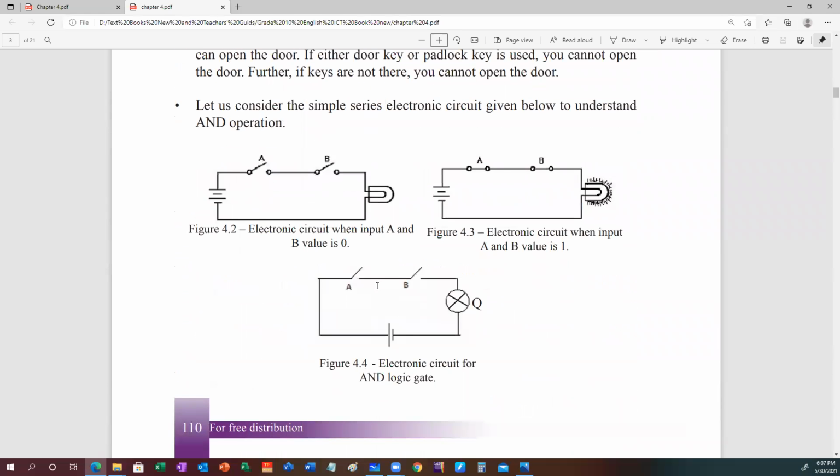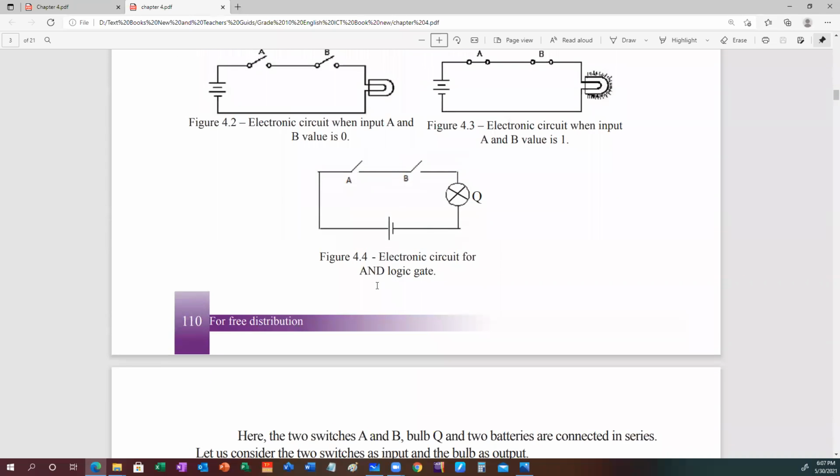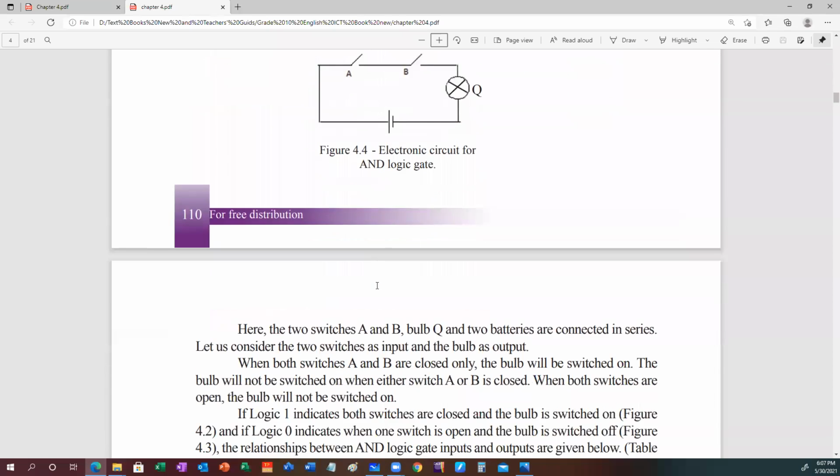There you understood the switching circuit of the AND gate, where the switches are located one after the other. Here there are only two switches because we learned only AND gates with 2 inputs. If it's an AND gate with 3 inputs, then you have 3 switches and so on.